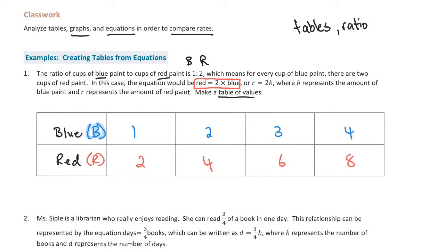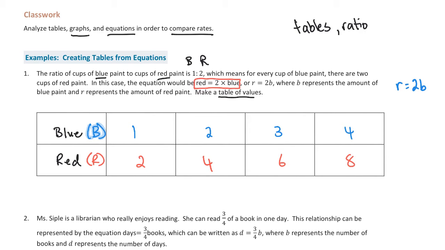So I'll write that in there, okay? So there is our equation, which started from a ratio, and which can be used to create a table of values. Okay, so R equals 2B. This is my equation, R equals 2B. I'll write it on the left, and we can just test it.